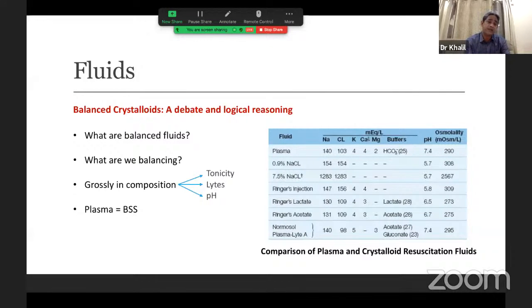By balancing, we mean we want to balance the tonicity, the electrolyte concentration, as well as the pH. With this background, we can see that the composition of our plasma is almost comparable with that of the balanced salt solutions.